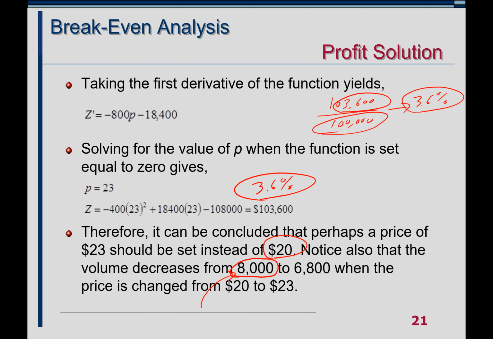If you increase that price to $23, your profit went up by $3,600 and you had to make now only 6,800 or 1,200 fewer shirts to make more money. So what would you do? Would you rather do more work and make less money, or do less work and make more money? So this is why OR is important, because what you're striving to do is make optimal decisions.